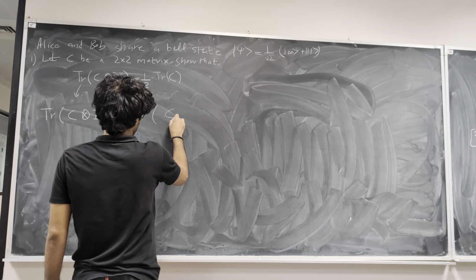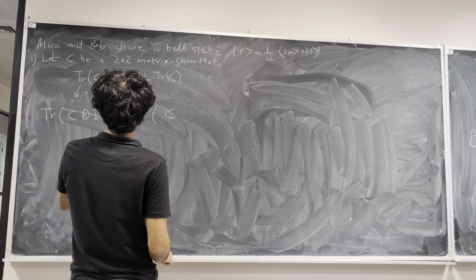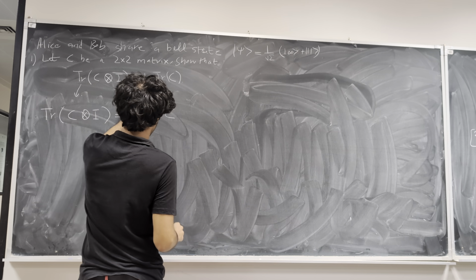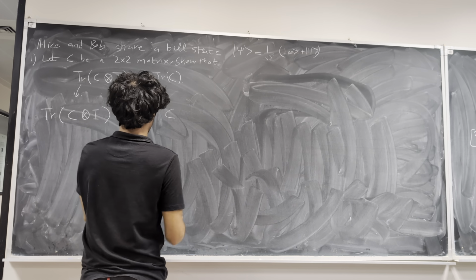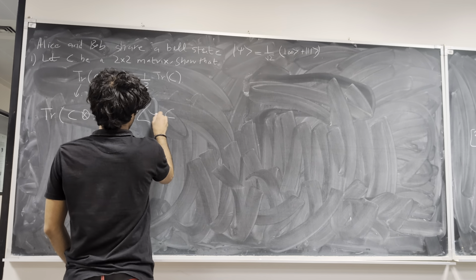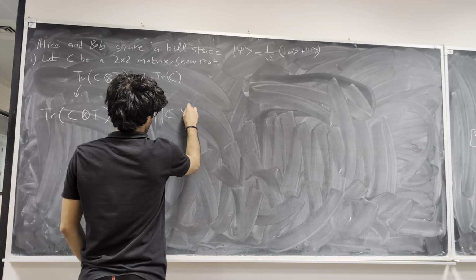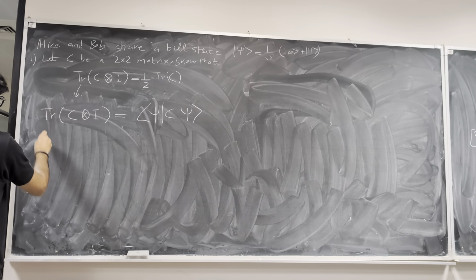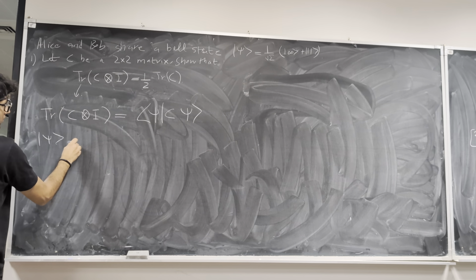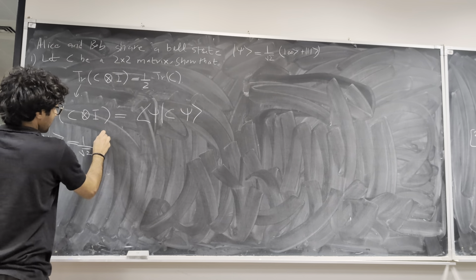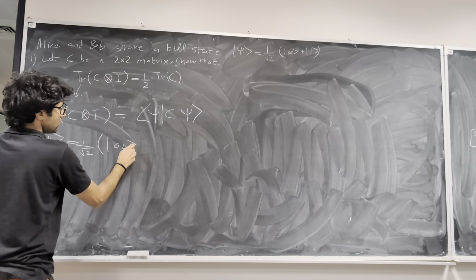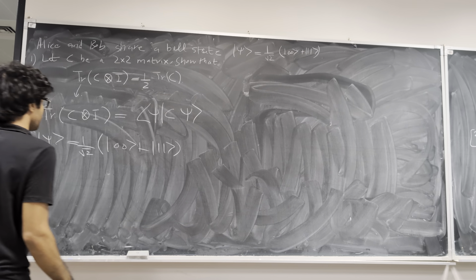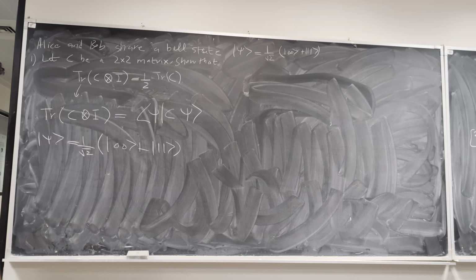Trace of C. I want to use that fact over there. I have psi equal to 1 over square root of 2, (|00> plus |11>).